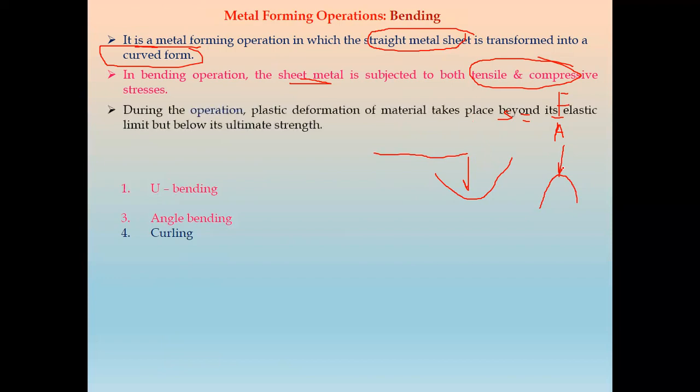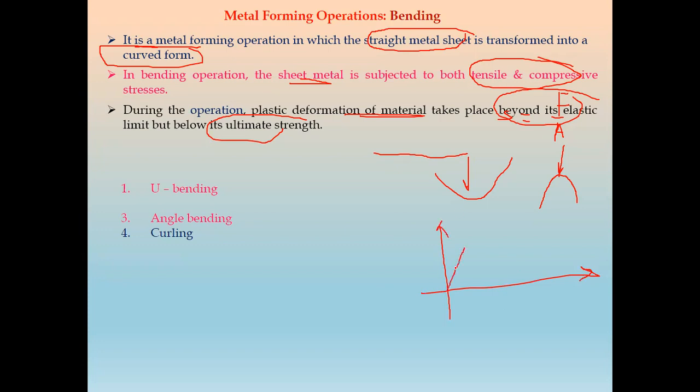Next, during this bending operation, plastic deformation of the material takes place, and it takes place beyond the elastic limit but below the ultimate strength. If you take a stress-strain curve, we have stress and strain.